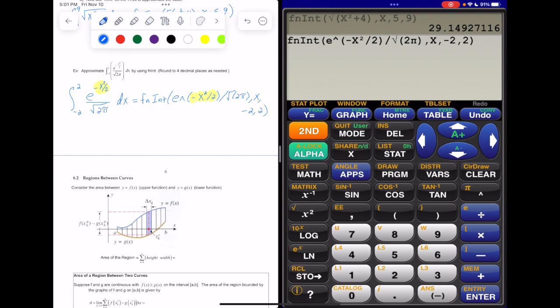When I put in that lower boundary of -2, again, I have to use the negative key under the 3, not the subtraction key. All right, let's see if fnInt can solve our stat problem.